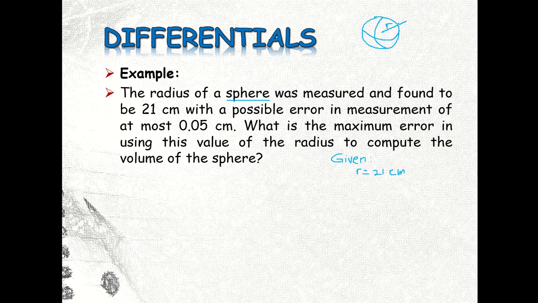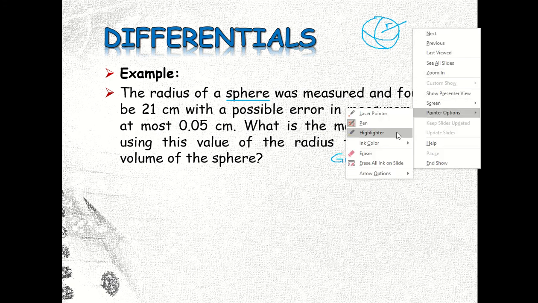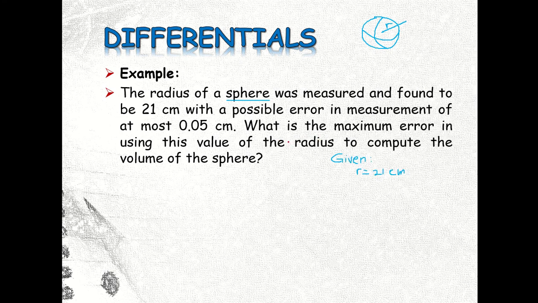So there's a discrepancy. Perhaps the original r is from here to there, or perhaps the measure is up to here only. So there is a plus or minus from the exact value of r. This part here, class, is what we call the dr. This is the error. The error is expressed in terms of the differential of this r.